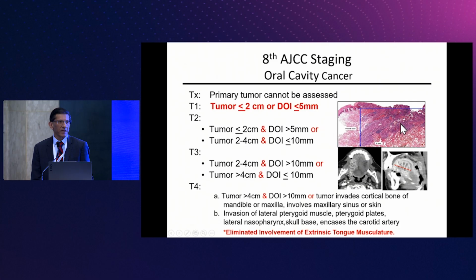The depth of invasion is a histologic diagnosis where you look at the basement membrane, and the pathologist approximates the basement membrane and looks at how deep the tumor is. If that depth is less than 5 millimeters, it is a superficial lesion. But as that depth grows more and more, this upstages the lesion.